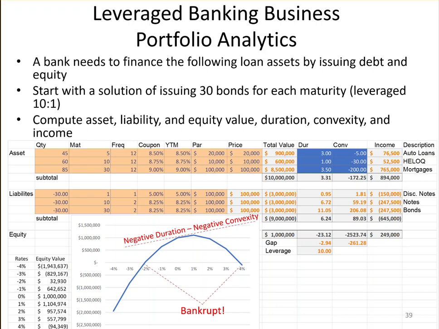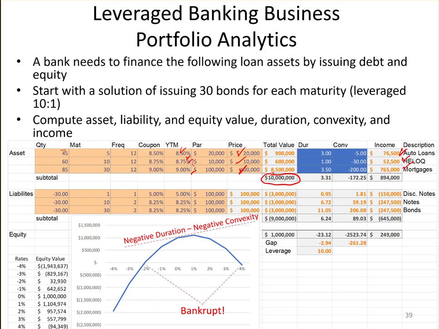This bank is choosing to buy $10 million of assets. You can see the assets are a bunch of auto loans, a bunch of home equity lines of credit, and a bunch of mortgages. I've given you the prices, the yields, and so on, and the total values of these bonds and quantities.